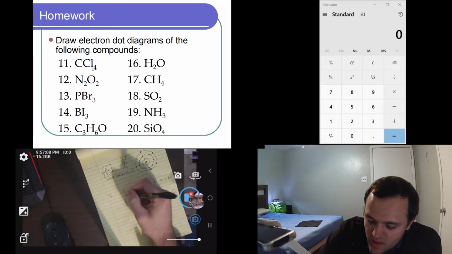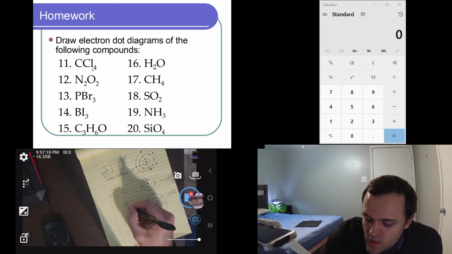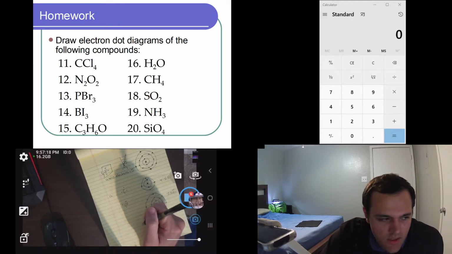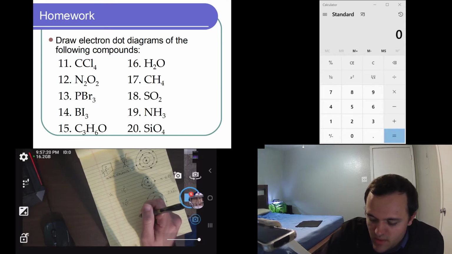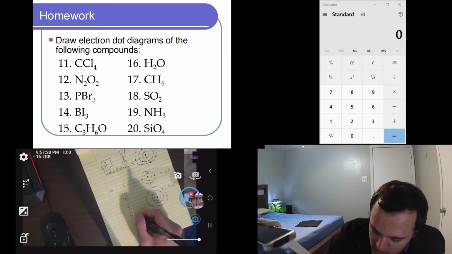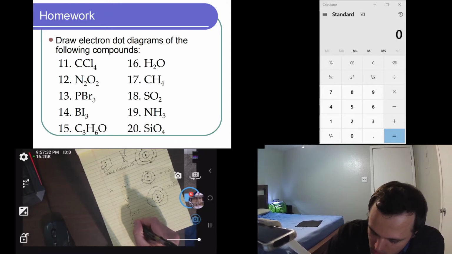Carbon's got 4 of these lone electrons, and each one of our chlorines has 1 of them. So if they just make 1 bond with each chlorine to the carbon, it should end up being pretty satisfied. We would say the carbon in the middle with a shared pair of electrons between it and the 4 chlorines.